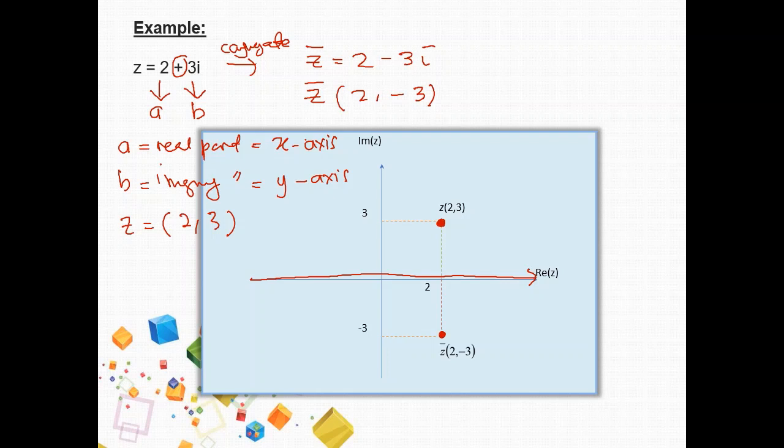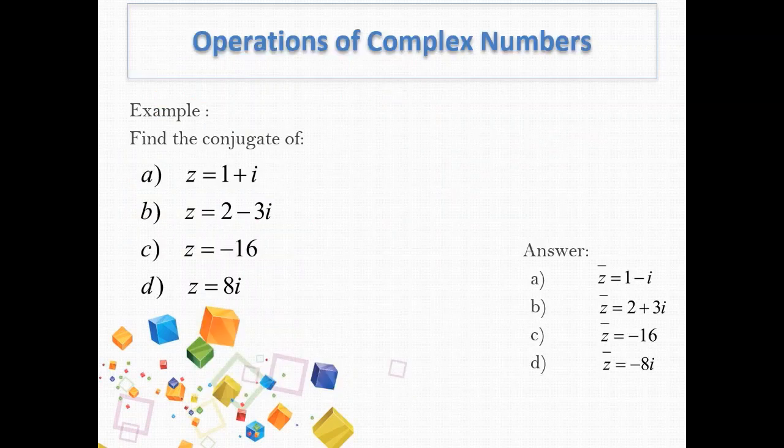It will reflect our complex number on the Cartesian plane. So I hope you can understand all the explanation that I've made before in the previous slide. This is just a recall of what you have known about complex numbers before.